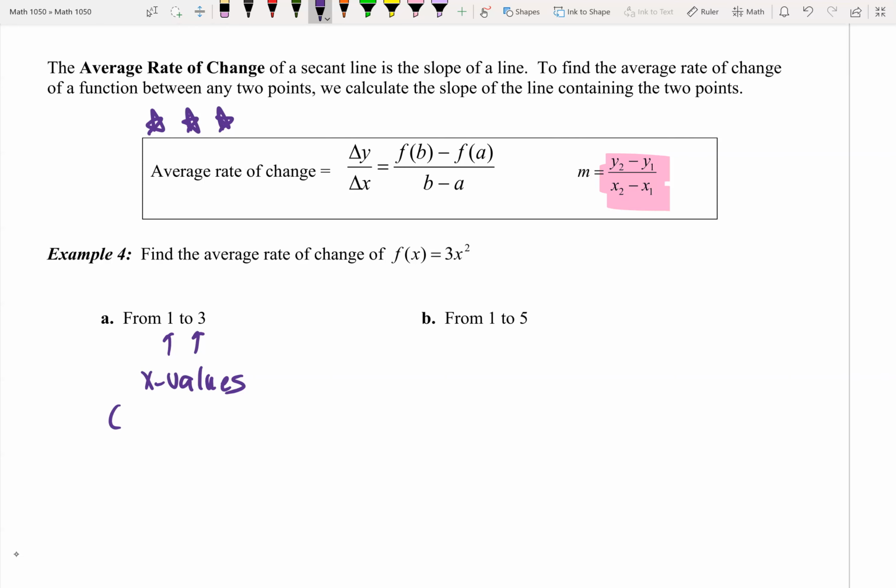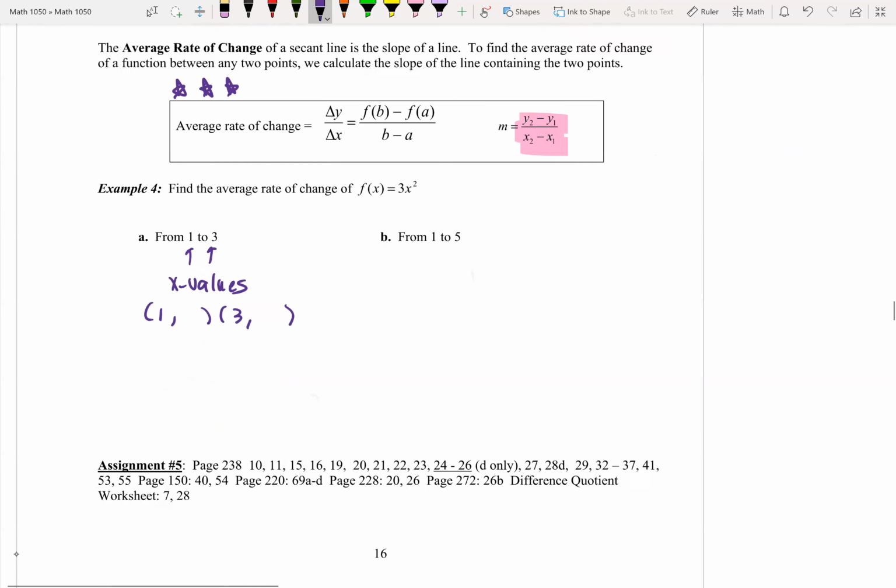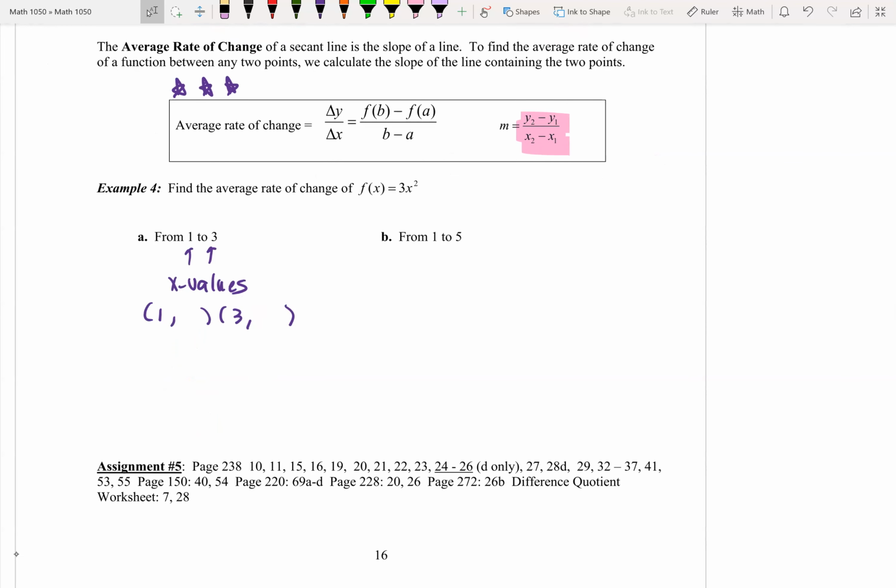So if you have an x value of 1, and an x value of 3, find the slope. Well, I can't find the slope yet. Why can't I find the slope right now, everybody? Look at the formula. What don't I know? The y's. How do I find the y's? Plug in the x. Yeah, plug it in.